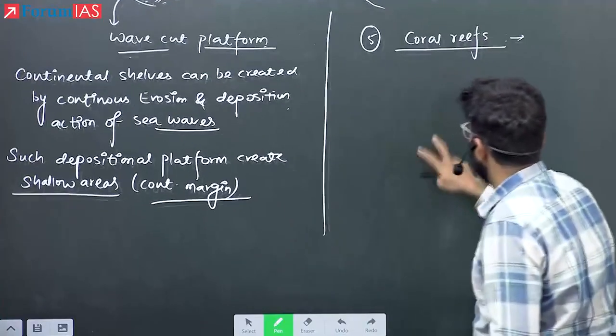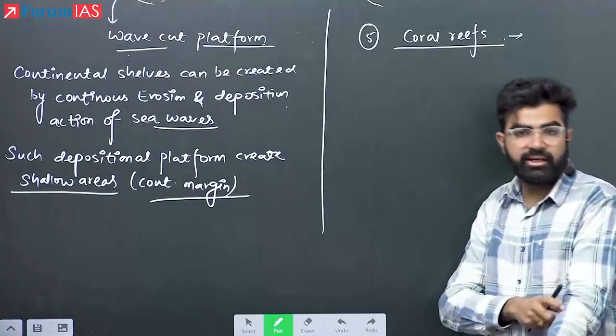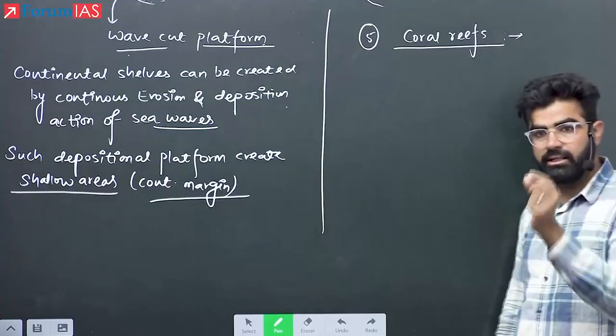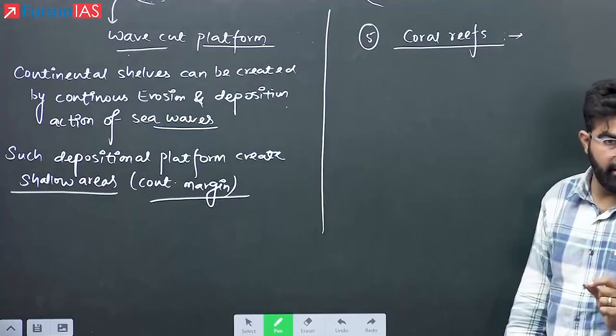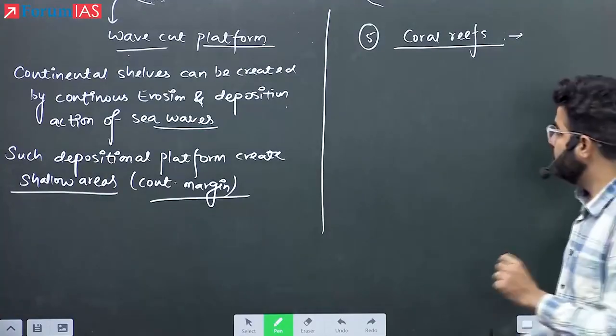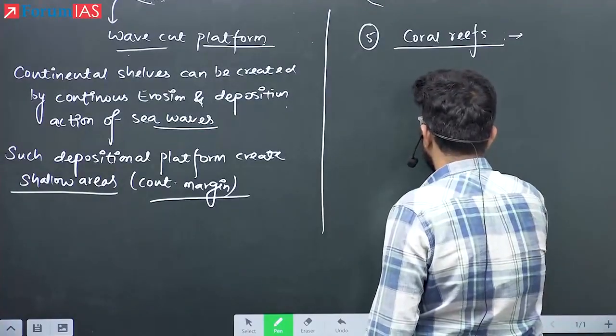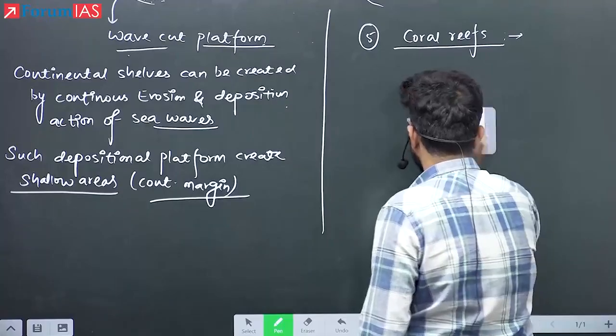Okay. So coral is nothing but a kind of symbiotic relationship between two organisms. One is known as coral polyp, and the second is known as zooxanthellae. For example, on the upper top the zooxanthellae will rest, and in the bottom it is the coral polyp.